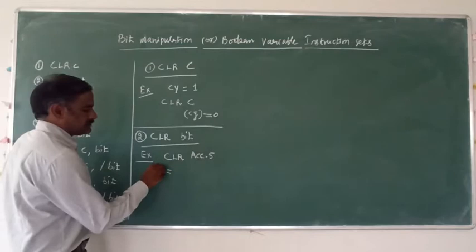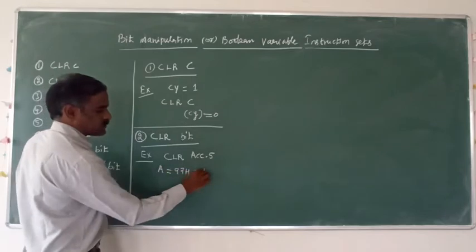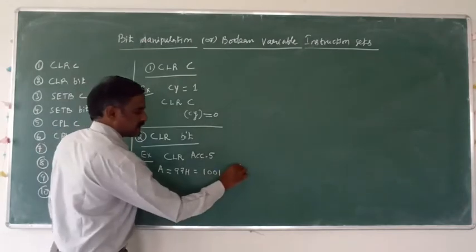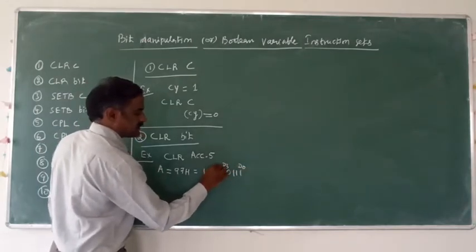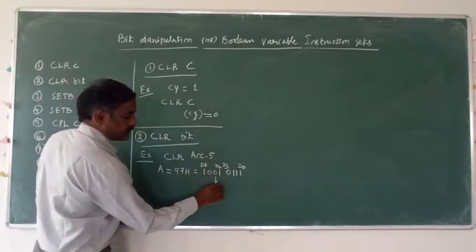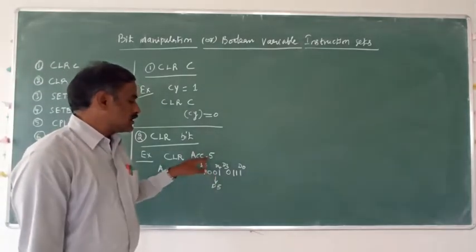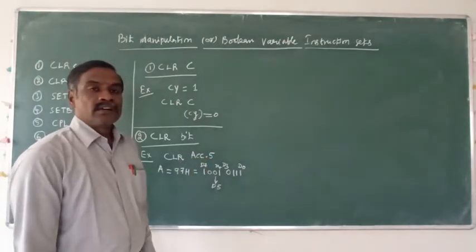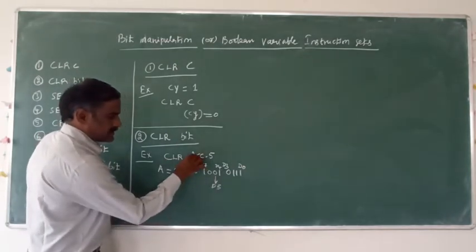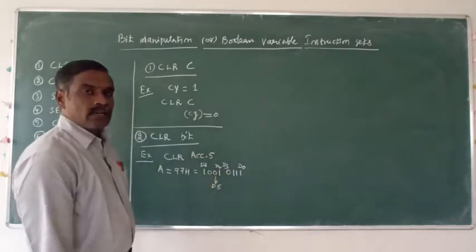Suppose the A register data is 97H. 97 means 1001, 7 means 0111. This is D0 bit, this is D3, this is D4, and this is D7. Now the accumulator's fifth bit we have to clear. After this instruction, the fifth position bit will be set to 0.